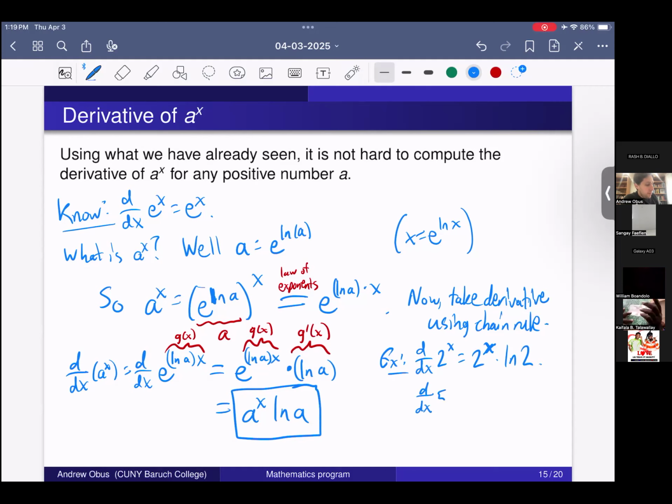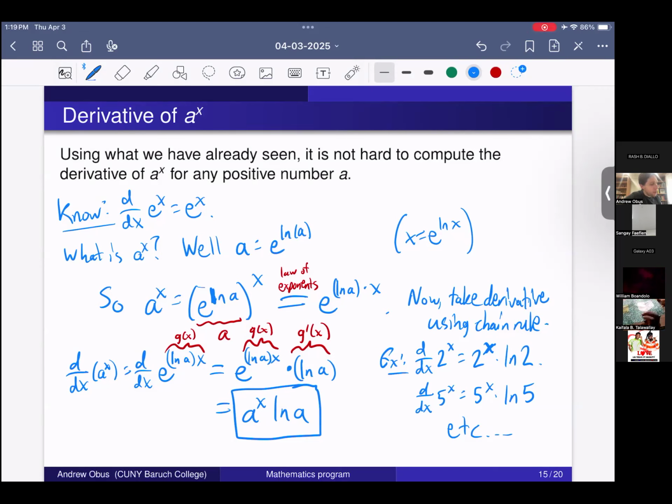The derivative of 5 to the x is equal to 5 to the x times ln of 5, etc. Okay, great. So for a to the x, it's not exactly just a to the x again, but you get this extra constant factor of ln of a, or the natural log of a.